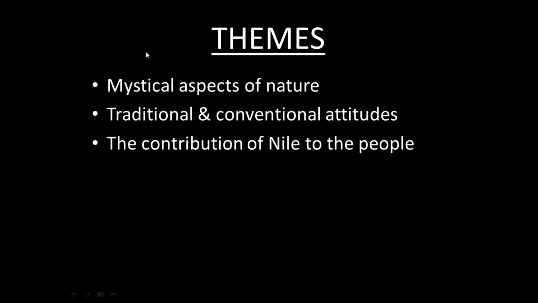Okay children, now let's move to the themes. We'll see what are the themes that can be seen in this poem. First one, mystical aspects of nature. In this poem you saw the historical and religious beliefs of people. They had these mystical aspects of nature. I told you that they were worshipping nature, appreciating and respecting the Nile.